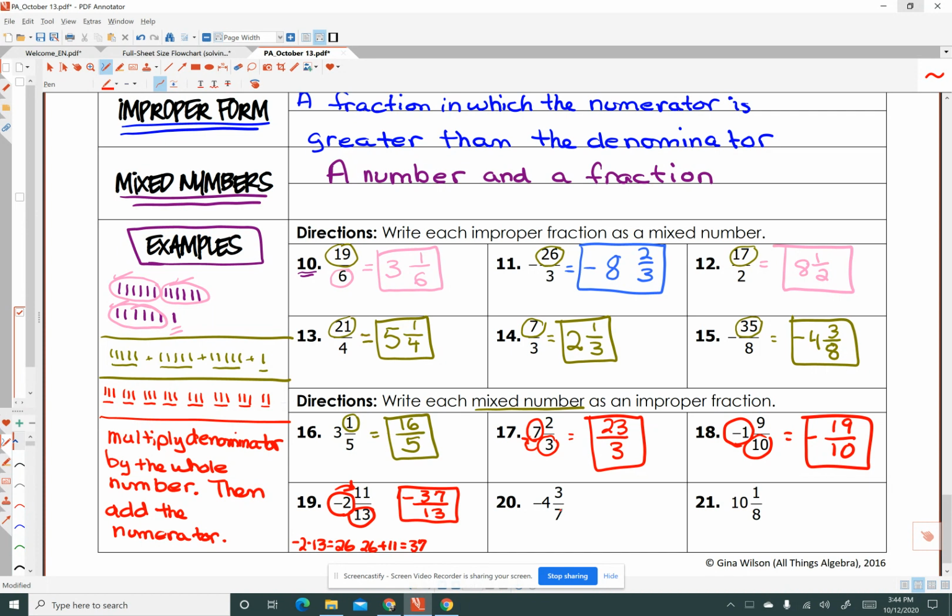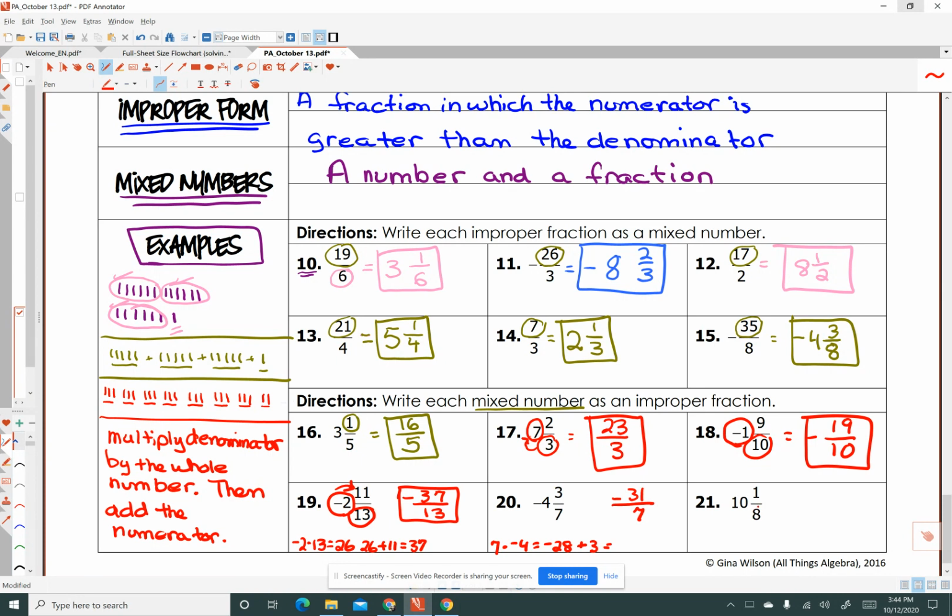Let's try this one. Multiply the denominator by the whole number. 7 times -4 equals -28, plus 3 equals -31/7.